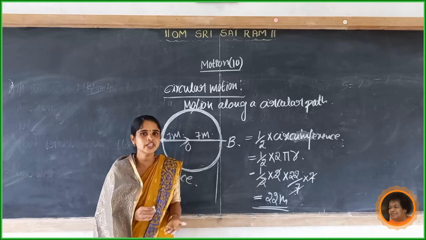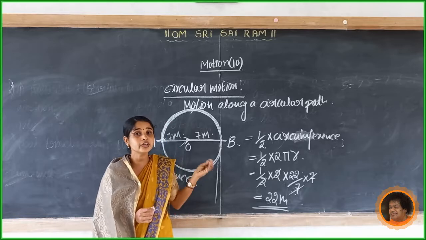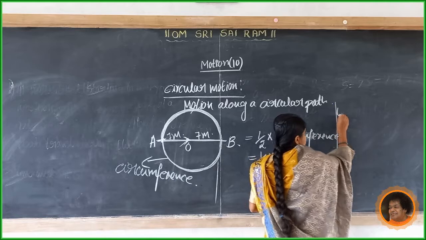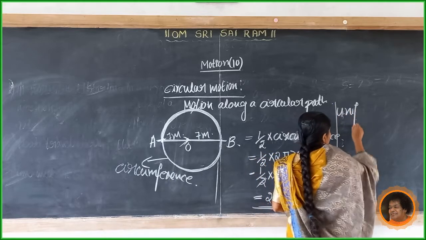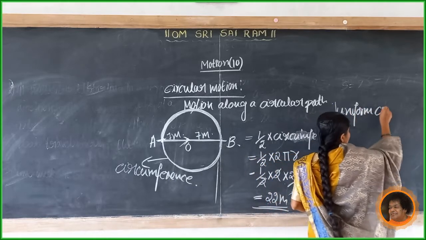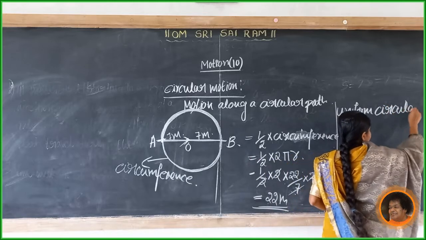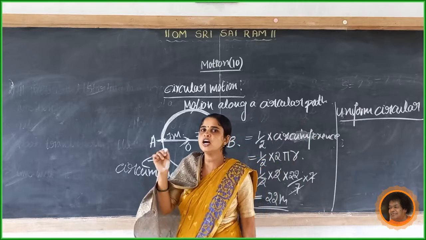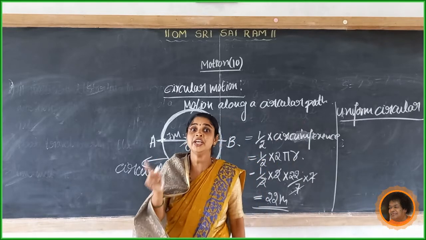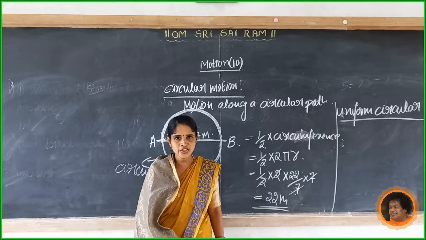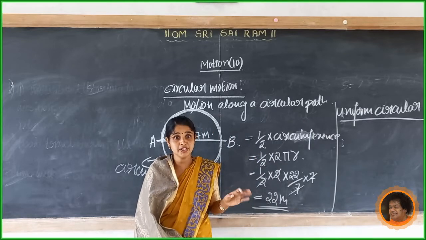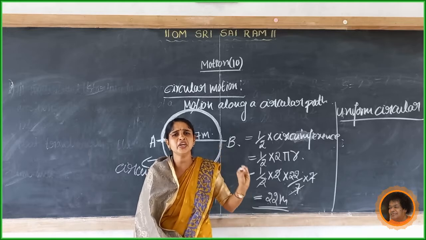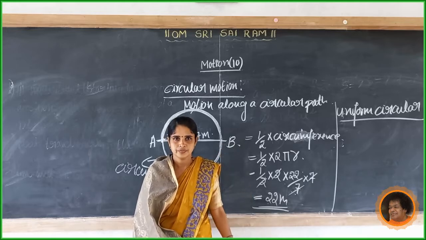Here speed is constant. Then that type of circular motion is called uniform circular motion. In uniform circular motion, speed is constant. That means the object covers equal distances in equal intervals of time.